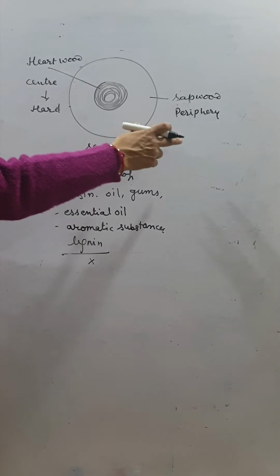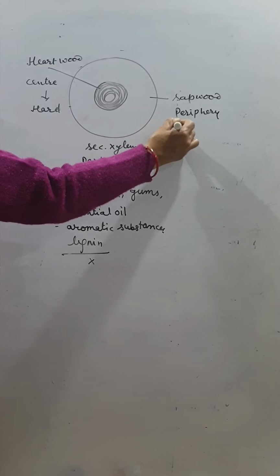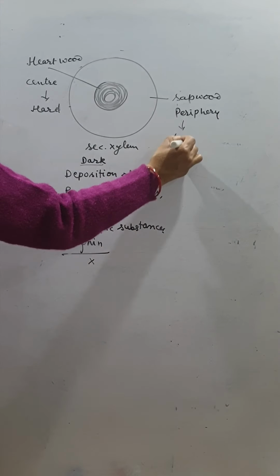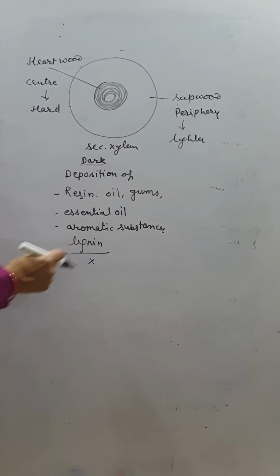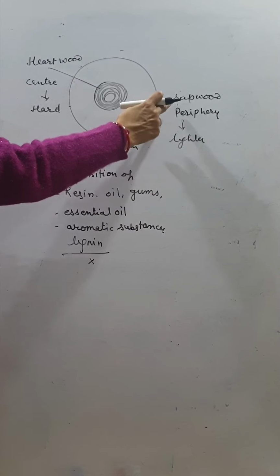In the peripheral region, the secondary xylem is lighter in color. This is dark in color and this one is lighter in color. Towards the periphery it is known as sapwood.